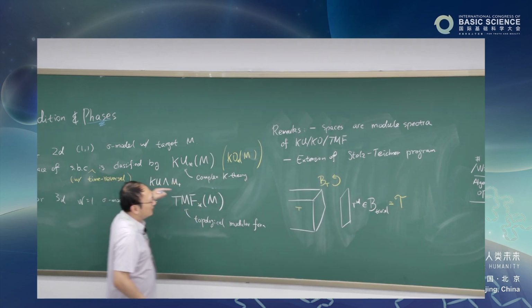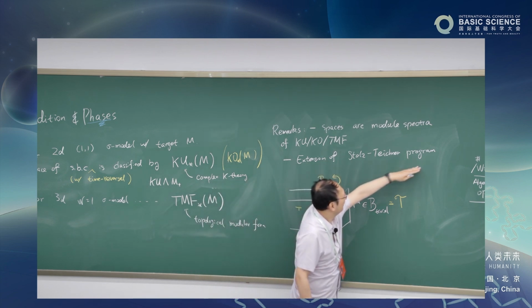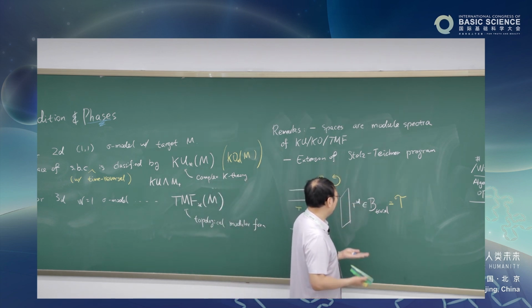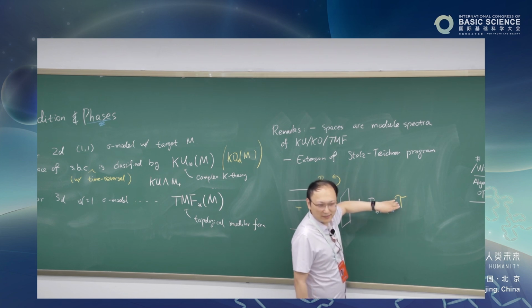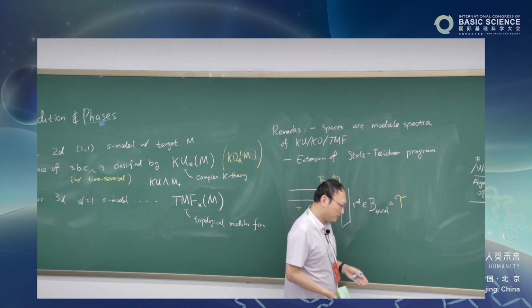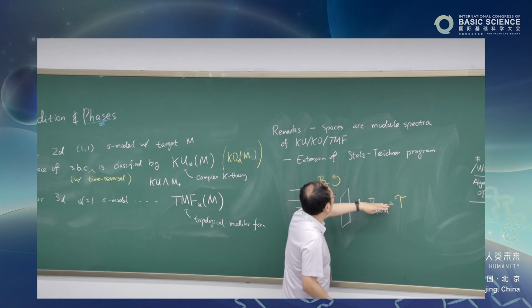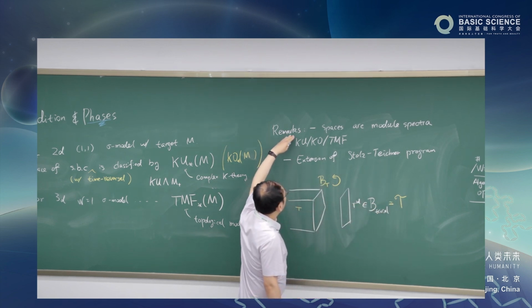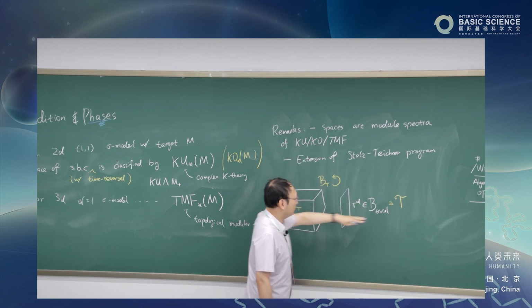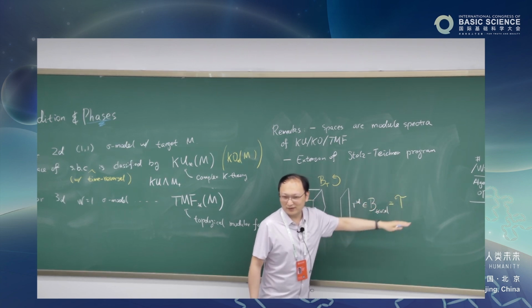And the Stolz-Teichner program gave some conjecture about what these spaces should be, either for 2D theory or 1D theory. And then the space of boundary conditions will be a module spectrum for those theories.